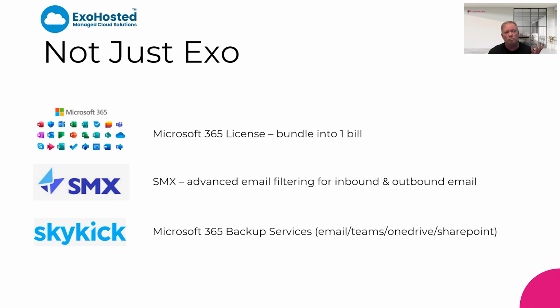There is a restore or recycle bin there that's valid for 30 days. But if you delete something by mistake, after 30 days the file is potentially gone. With Skykick, it takes up to 4 snapshots a day of all your email, Teams, OneDrive, and SharePoint. And it gives you the ability to retrieve and have a proper backup and restore process for those files.